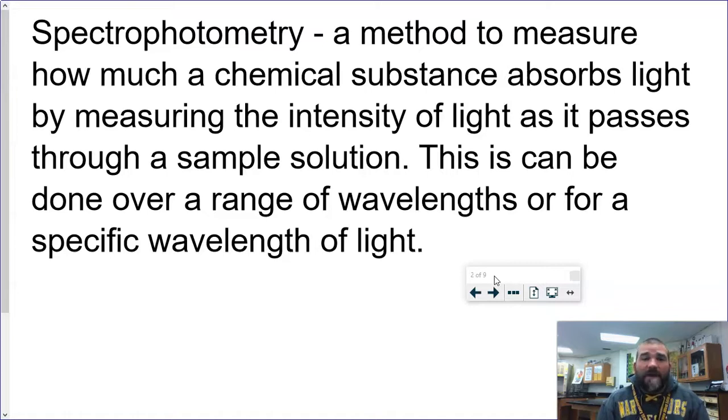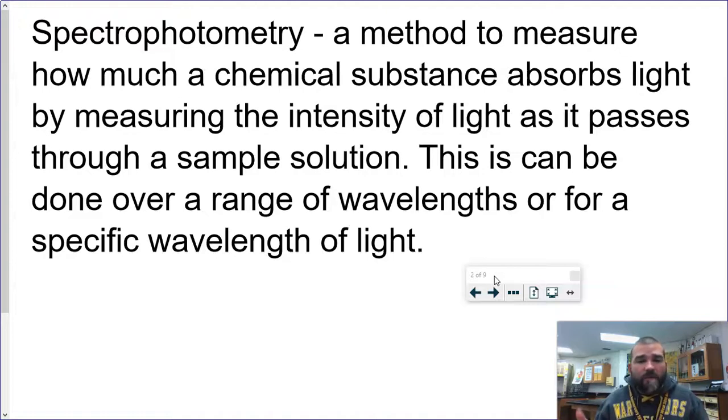So spectrophotometry is a method used to measure how much a chemical substance absorbs light by measuring the intensity of the light as it passes through. We've talked about this a little bit, and I gave you that generic setup of how this machine works. But really what we're going to do is set up a known profile of blue dye and the concentrations of those different molarities or different solutions.